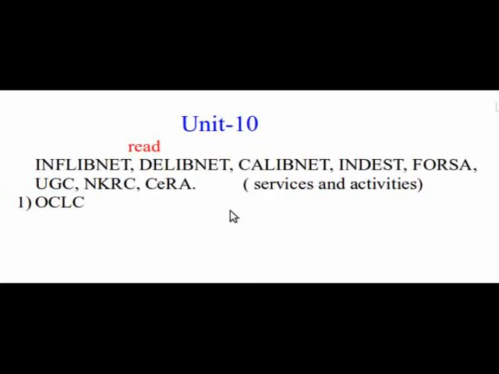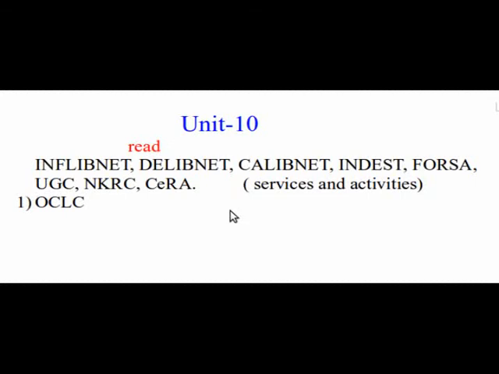Next, unit 10. Here the important library and information networks are given, national and international. Read only the ones that I mention here: INFLIBNET, DELNET, Calcutta library network, and so on. Don't read any other network systems.